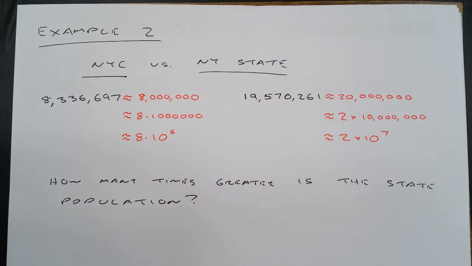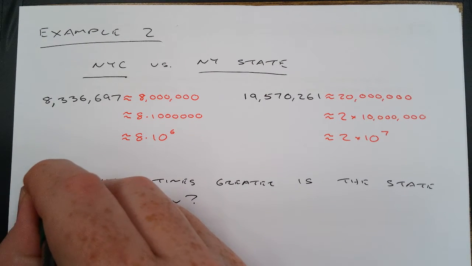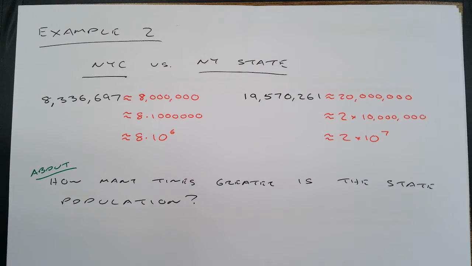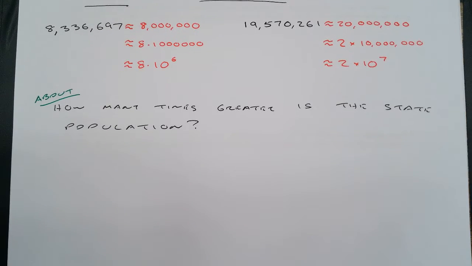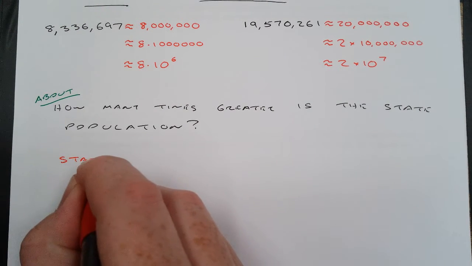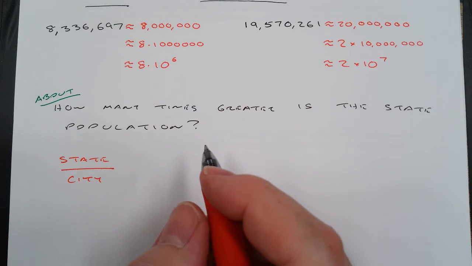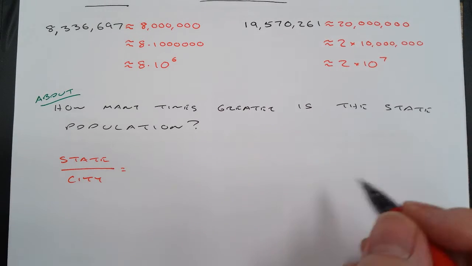I'm going to pretend I did it on purpose. The word is about: about how many times greater is the state population. Because of that word about, I can use these estimates. So I'm going to take the state population divided by the city population to find out how many times greater.